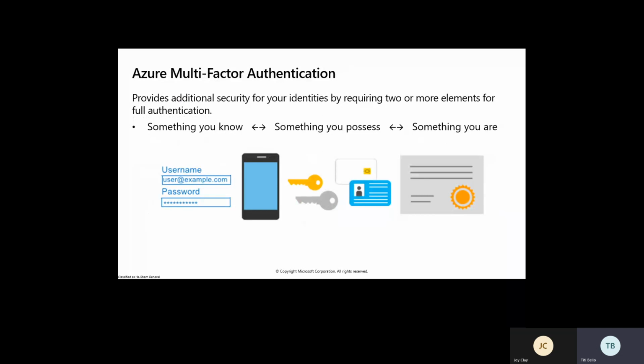So if you come with your username and password, I can decide to ask you to provide another form of authentication on top of what you have already given me before. I just want to be double sure that yes, you are this person and you have the right to access that particular resource. So we'll be implementing what they call multi-factor authentication.